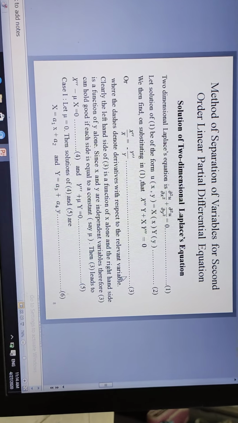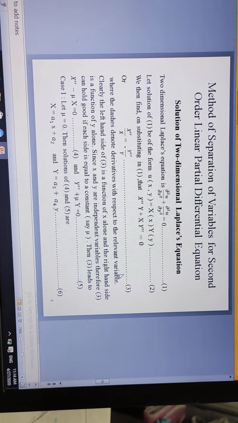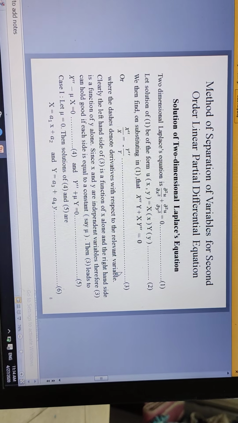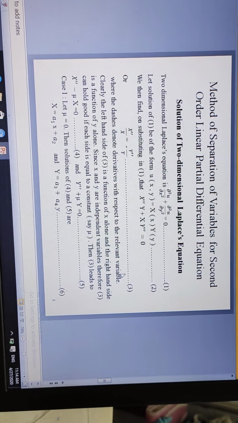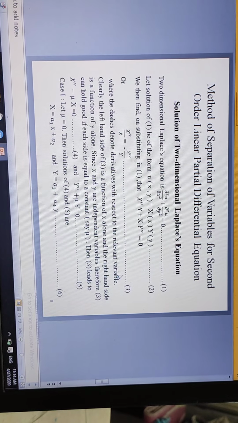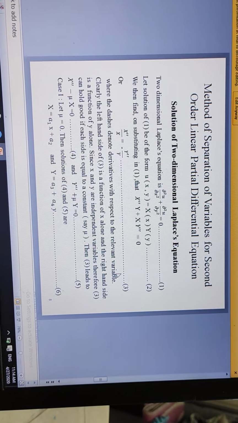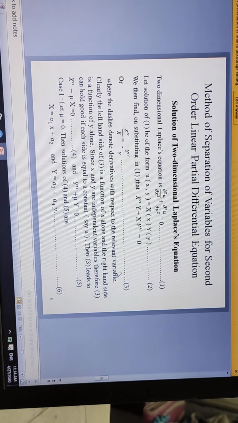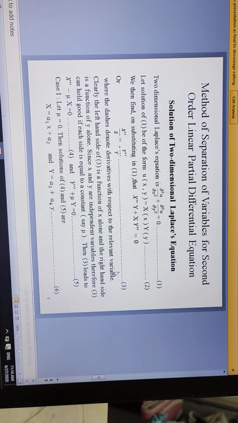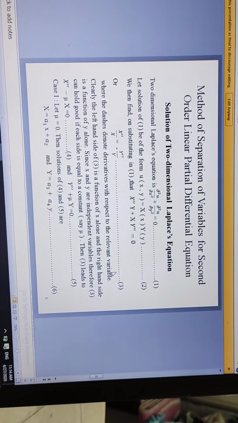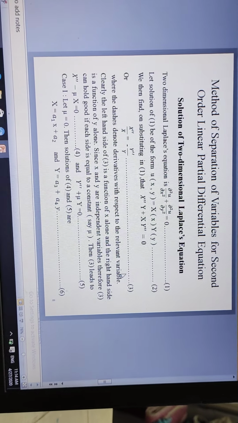So, the solution of equation (1) be of the form u(x,y) = X(x)Y(y). After differentiating partially u with respect to x and y, we have X''Y + Y''X = 0, where the dashes denote derivatives with respect to relevant variables.